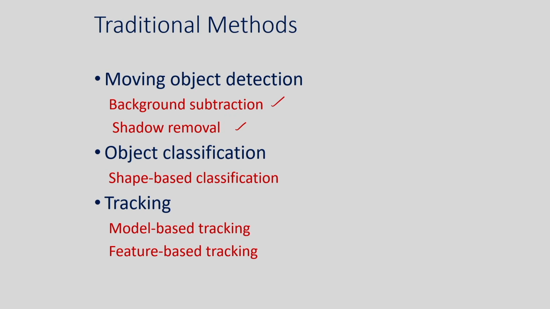In model based tracking we can consider the model of the object, maybe the geometrical model, and based on this model we can do the tracking. In feature based tracking we can consider some features, maybe the color feature, maybe the texture, and based on these features we can do the tracking. So these are the traditional methods employed in the video surveillance system.